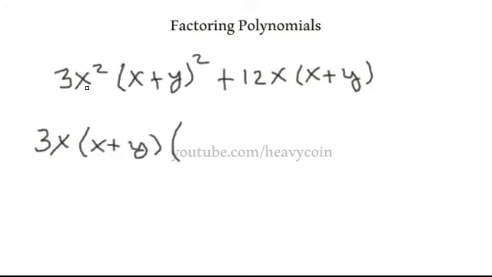So I'm going to start a parentheses. We pulled out this 3, pulled out one of the x's, so we're left with one x, and we have 2 here, so we're left with 1, plus, pulling a 3 out of 12, we'll be left with 4, and we pulled out an x and an x plus y.